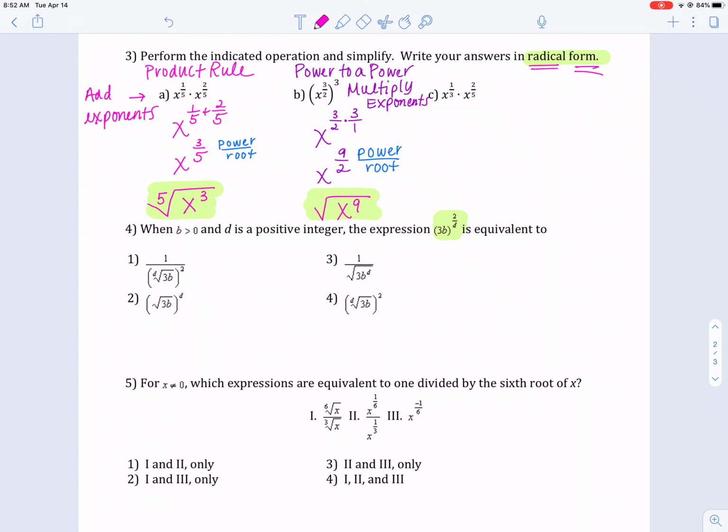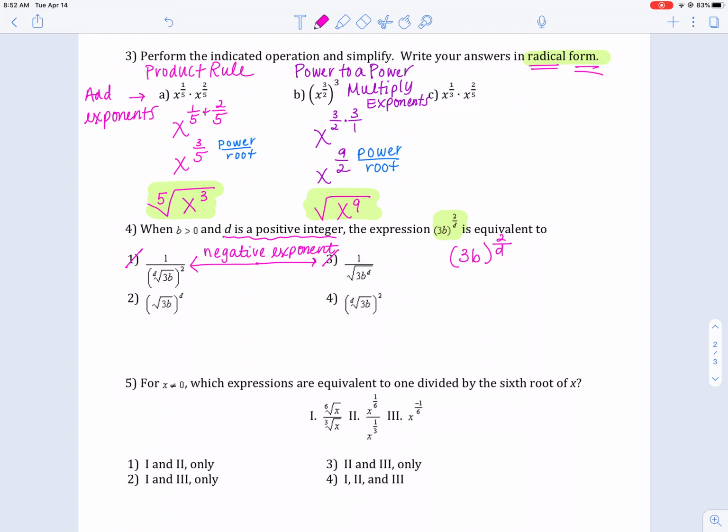So you should understand that these two are when you would have a negative exponent. That makes it turn into 1 over something. And this is telling us that D was a positive integer, which means your 3B raised to the 2 over D is a positive exponent, which means your exponent was not negative.